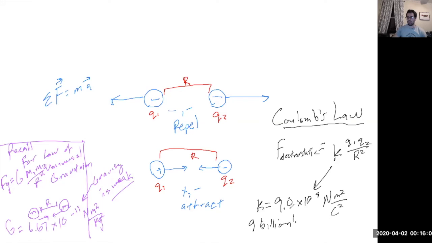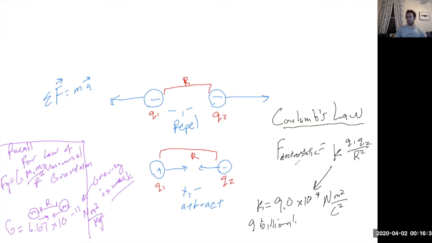So this is 9 billion, and this is like 1 over 100 billion or something like that. So this is a very small number. This is a very big number. Electrostatic force is 20 orders of magnitude bigger than gravitational force.